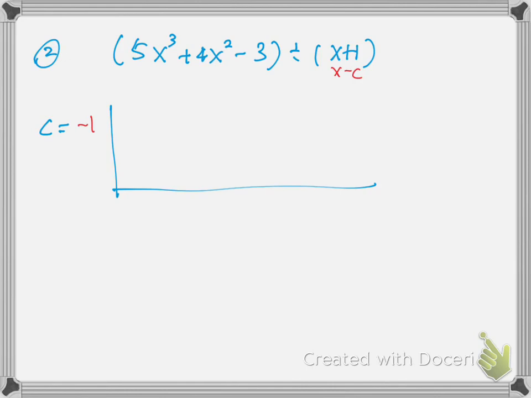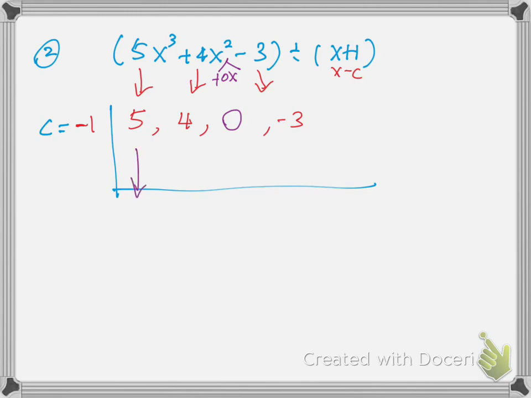C is not 1. And the important thing is we are not having 3 numbers in the top line. So 5, 4, -3, and then there is a missing linear term. What's the missing linear term? 0x. So there is a 0 here.